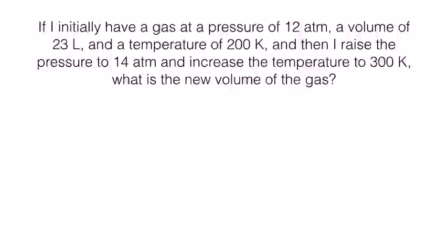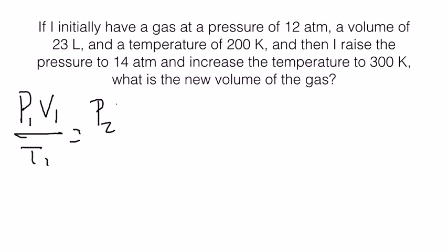The formula for the combined gas law is P1 times V1 over T1 is equal to P2 times V2 over T2. So first, let's identify our initial pressure.